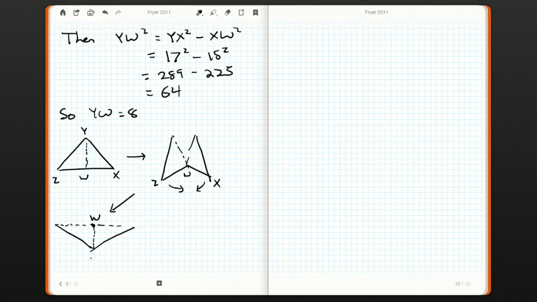And we need new labels here. So I don't know. Let's go with FGH because we're doing the Fryer.